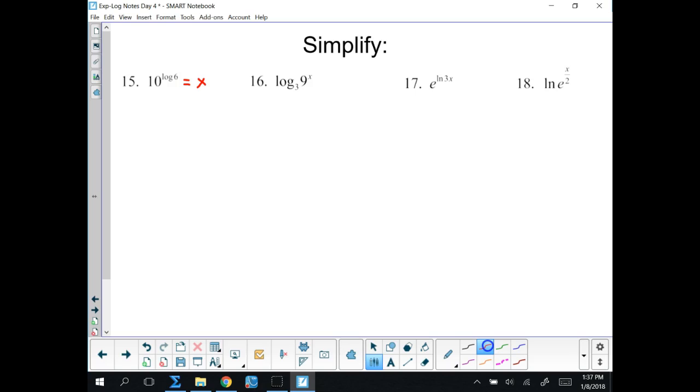Log because I see the word log? Or exponential because the log is in the exponent spot? I think it's exponential. Even though there is the word log there, and I told you earlier that when you see the word log, it's logarithmic form, the only time it's not is if that's in the exponent. So this is in exponential form.